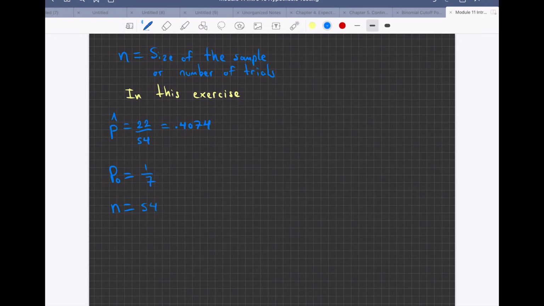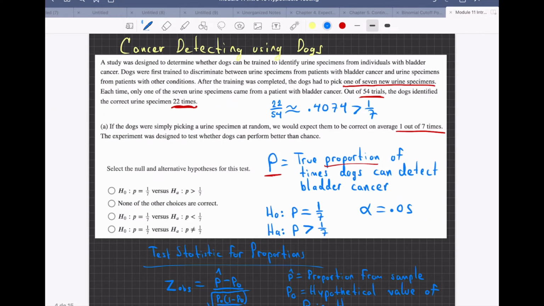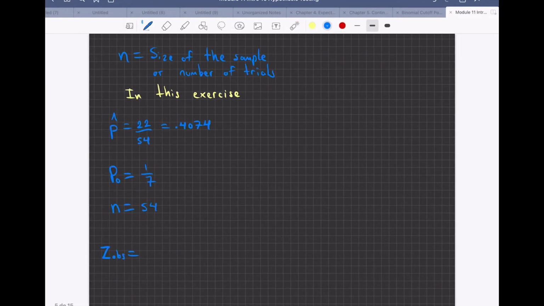Then C observed is equal to P hat, in this formula here: P hat 0.4074 minus P null, 1 out of 7, divided by the square root of 1 out of 7 times 1 minus 1 out of 7, divided by 54.